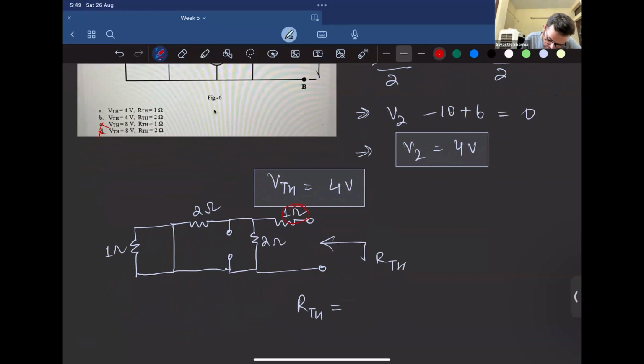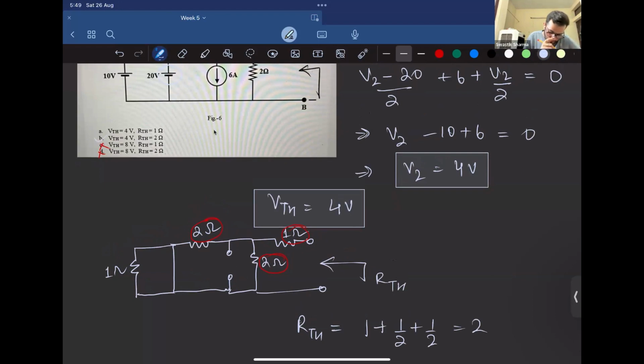This 1 ohm resistance is in series with the parallel connection of these 2 ohm resistances, right? So what would be the answer? The answer will be option B. Yeah, so the answer is B. Great.